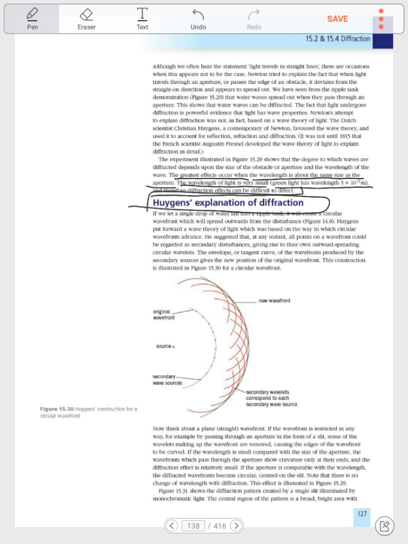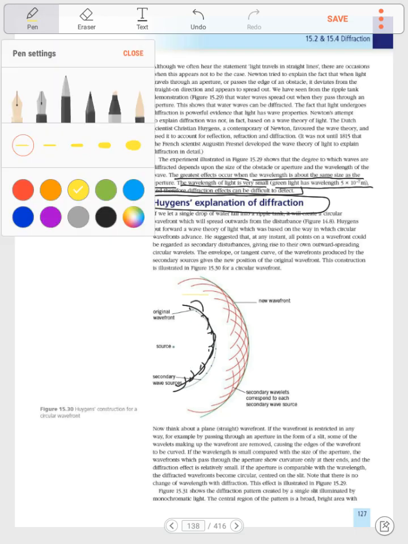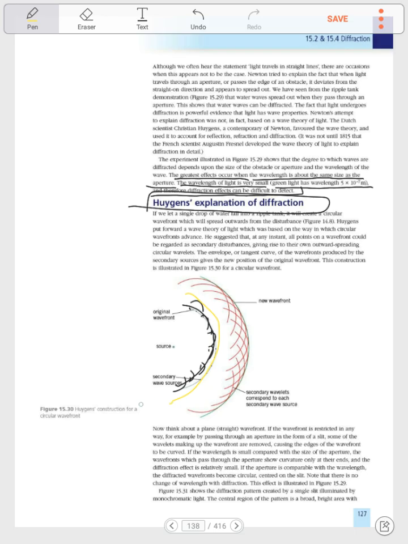What is the Huygens explanation of diffraction? Huygens said that if we have a wave, each point on the circular wave is a starting point of a new wave. So we take the crests together to form a new wave, and so on. Here we have new waves, and this is the new waves.